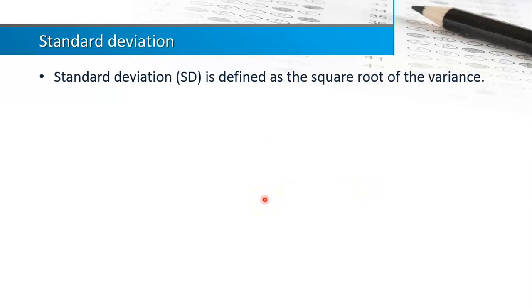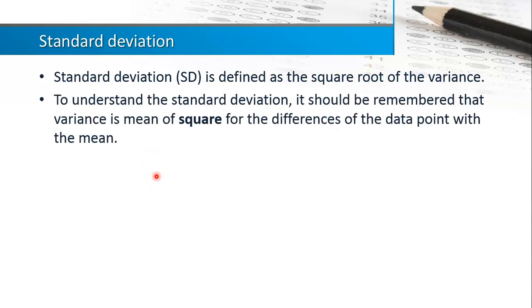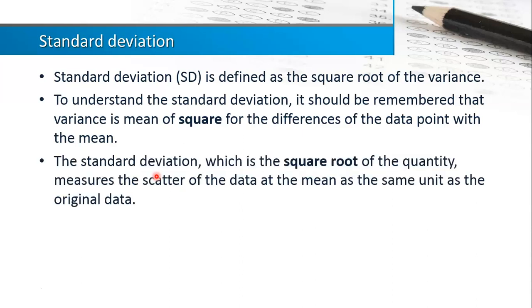Alright, so then you have the standard deviation. Standard deviation is simply defined as the square root of the variance. You get the variance, then take the square root of it, so you get the standard deviation. By doing so, you have the same unit as the original data.